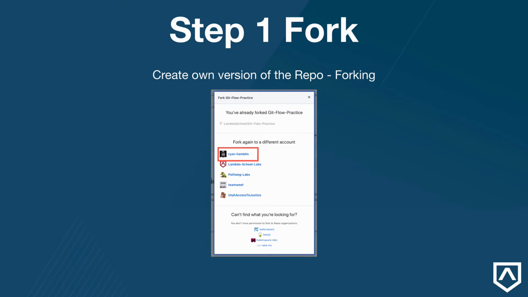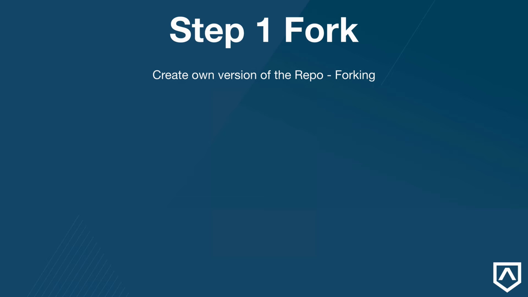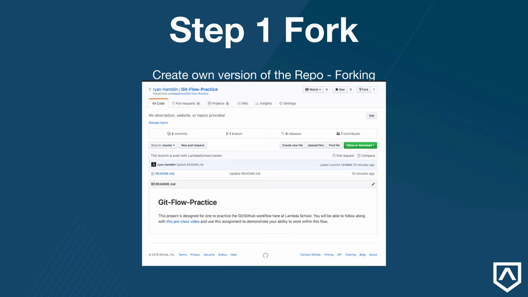If you don't have this screen pop up, it's probably because you don't have multiple project association with your GitHub account. The next thing that you'll do when you fork it is ensure that the forked version is your GitHub username / project name.